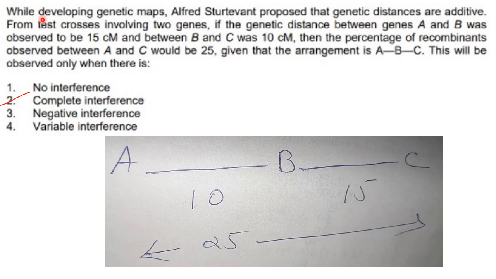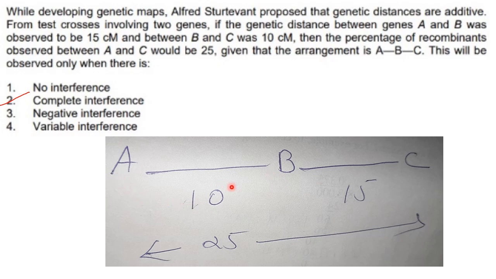Then, while developing genetic maps, Alfred Sturtevant proposed that genetic distances are additive. Yes, of course. From test crosses involving two genes, if the genetic distance between genes A and B was observed to be 15 centimorgan, oh, I wrote it the other way around. I am extremely sorry for that.